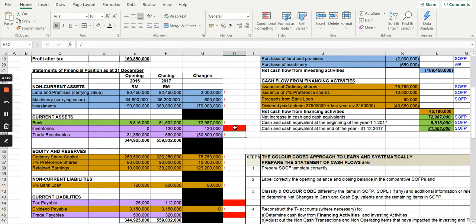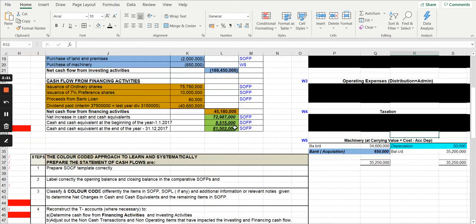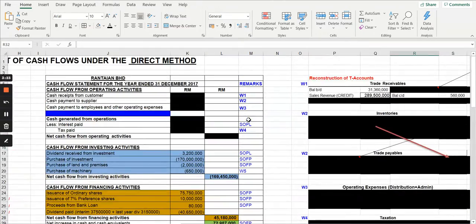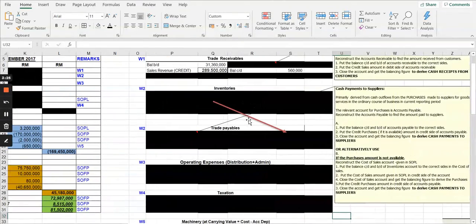And now I'm going to find out what is my cash flow coming from the collection from my customer, which I call cash receipt from customer. The balancing amount that you get here is going to be the cash receipt from customer.